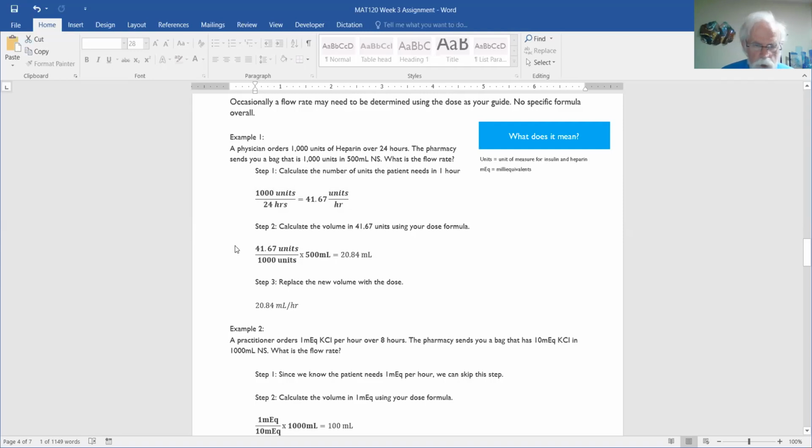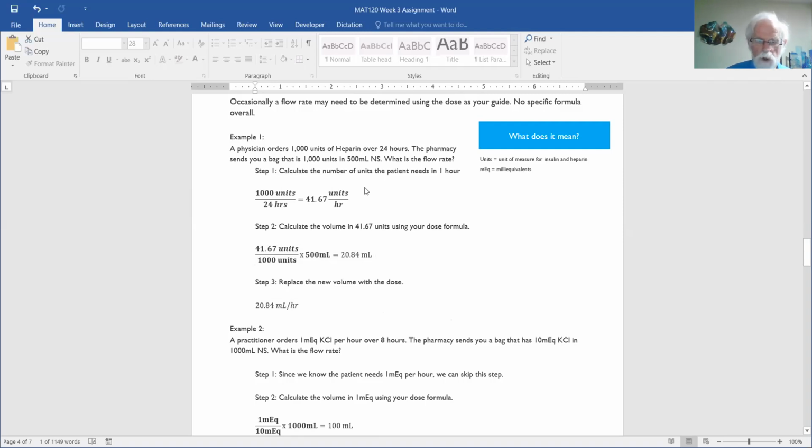So if we have 41.67 divided by X milliliters, X equals 1,000 units over 500 milliliters, and we rearrange that, then we come up with this equation. That comes out to 20.84 milliliters. And again, we cannot inject that. We cannot set a pump at that level. So this becomes 21 milliliters per hour.